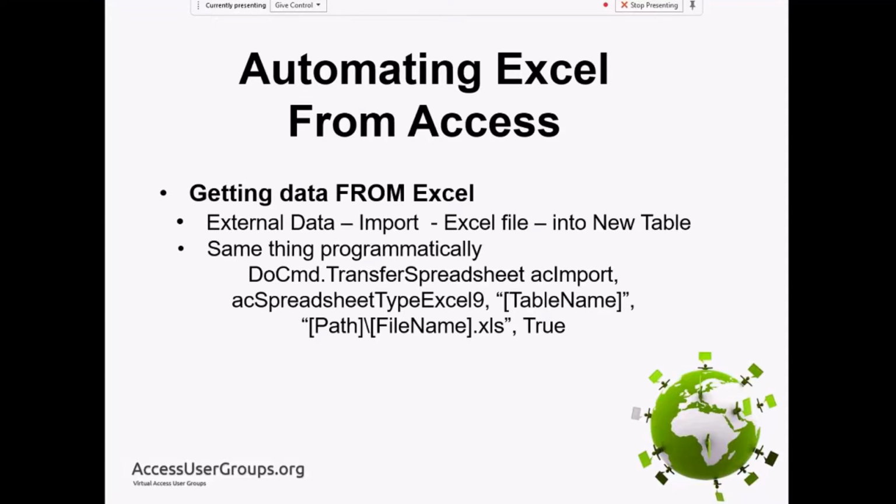But the majority of the presentation today will actually be about how to use the Excel object and manipulate Excel from Access. Hopefully this part is reviewed for you, and if not, we do have the notes here, which I will publish afterwards.